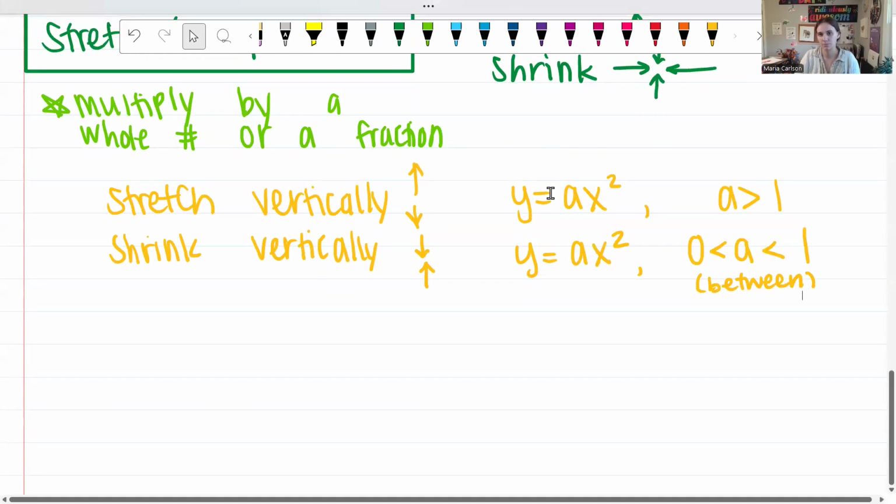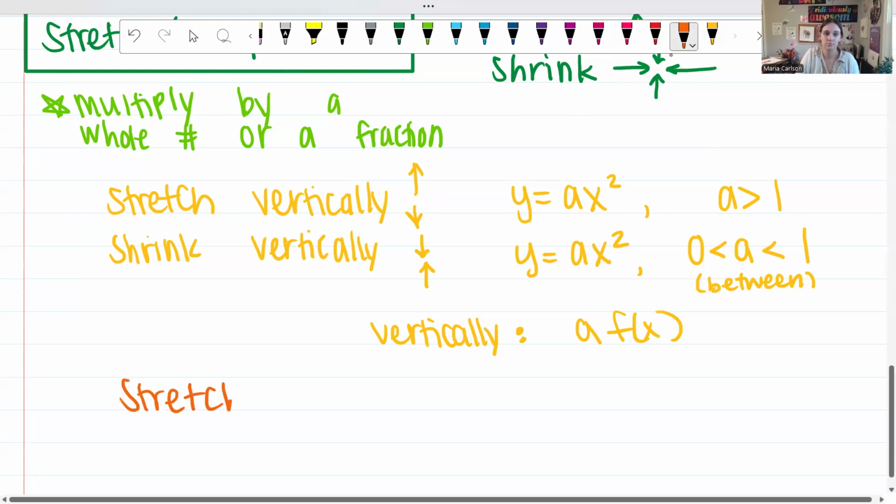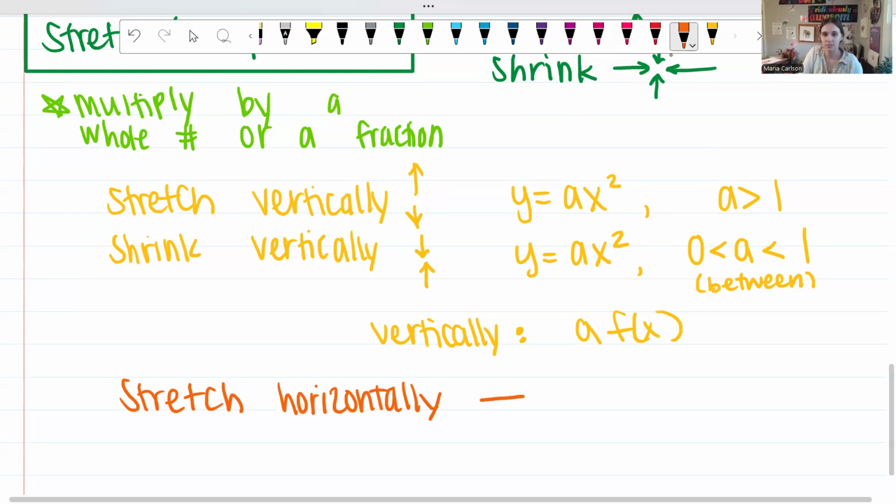Now let's talk about the horizontal. In both of these stretching or compression scenarios, we really just had f of x being multiplied by a, right? And that's going to affect it vertically. Now let's look at horizontally. So if I want to stretch horizontally, that means I'm going to take it and stretch it to the left and to the right. So now I am pulling it sideways and pulling it out.